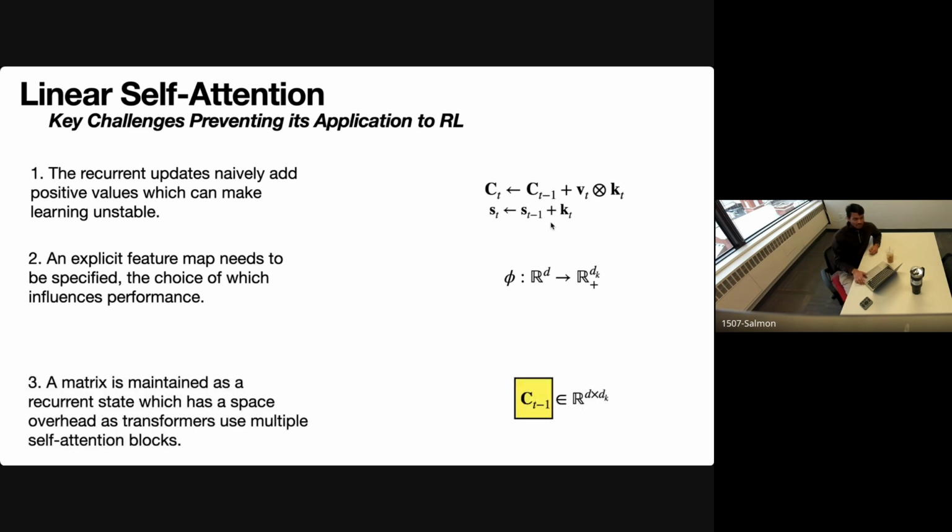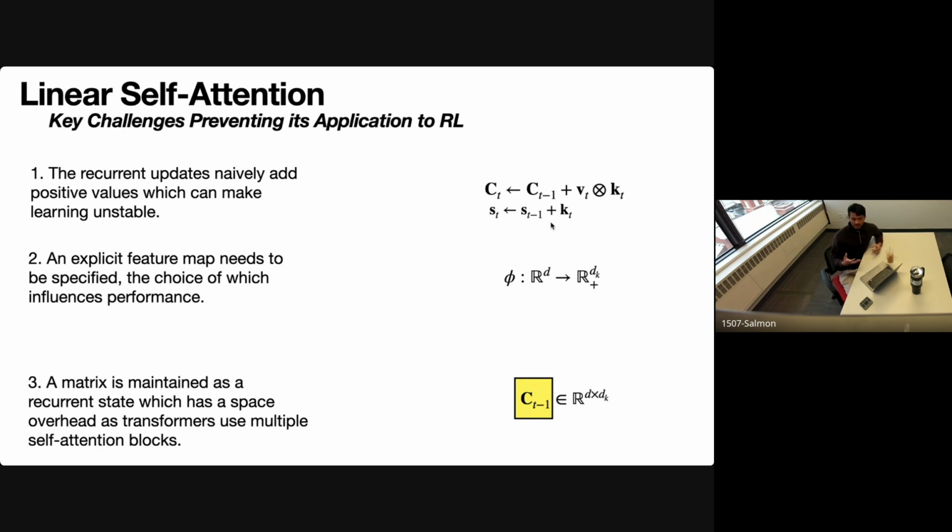The third problem is that in the linear transformer architecture, we are still maintaining a matrix as a recurrent state, and the quality of the performance of the linear transformer architecture depends a lot on the size of this matrix. If you reduce the size of this matrix, its performance degrades.